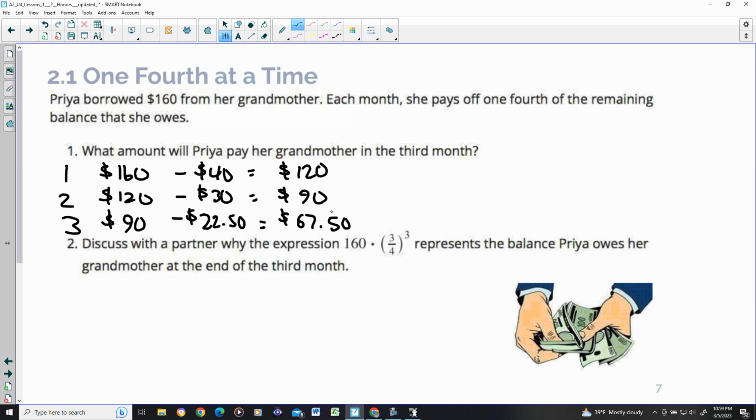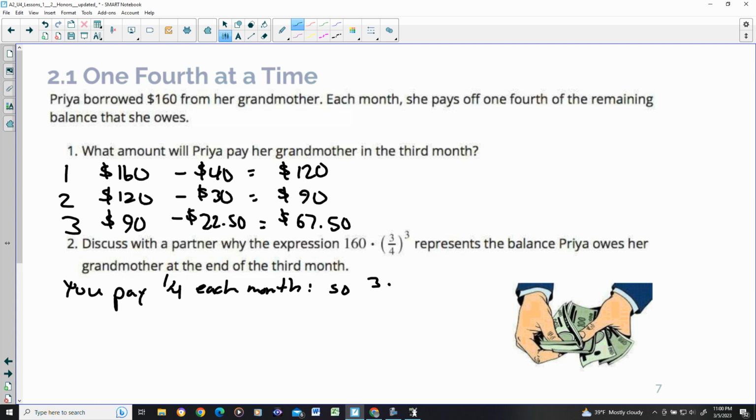Okay, so now what about this expression? 160 times 3/4 to the third power. So where is that coming from? Well, let's consider this. If you pay off 1/4 each month, well, how much is left?